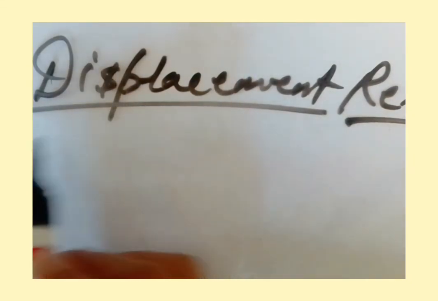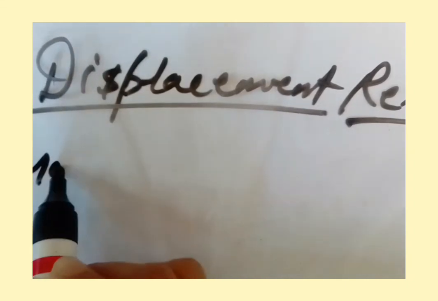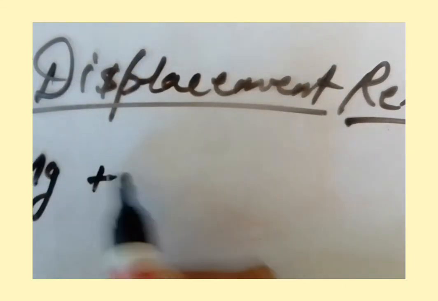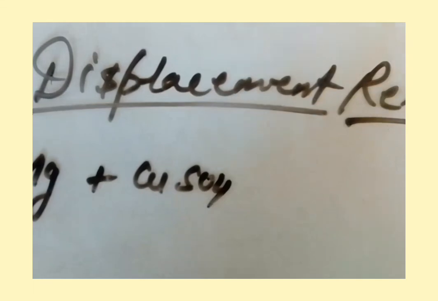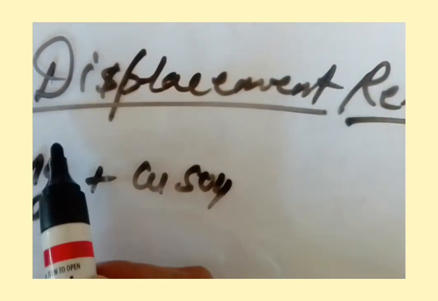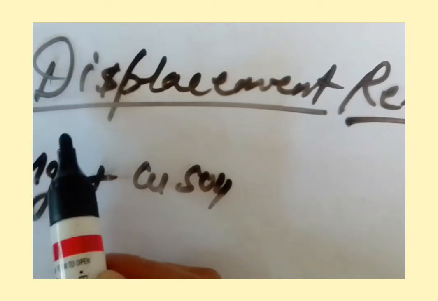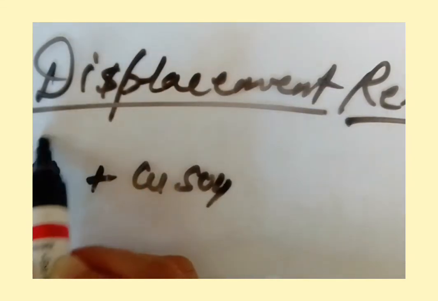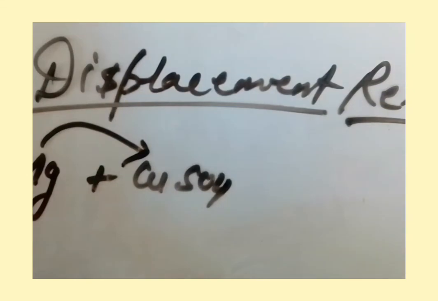Let me show with the help of a chemical equation. For example, here is magnesium plus copper sulfate. So when you learn the reactivity series, you will come to know that magnesium is occupying the upper position than copper. So it means this magnesium will displace the copper, right?